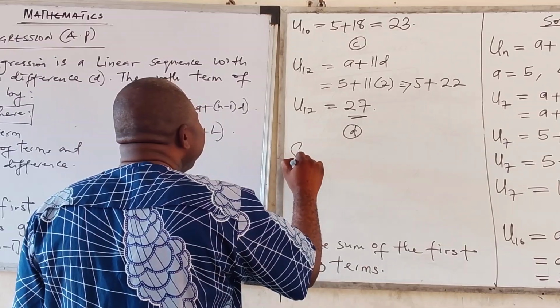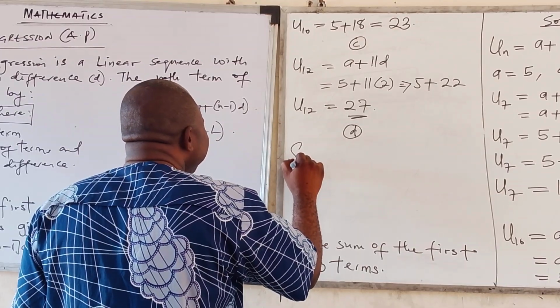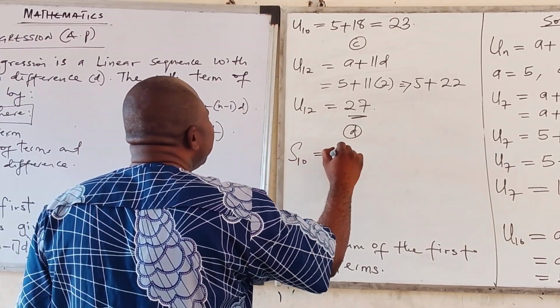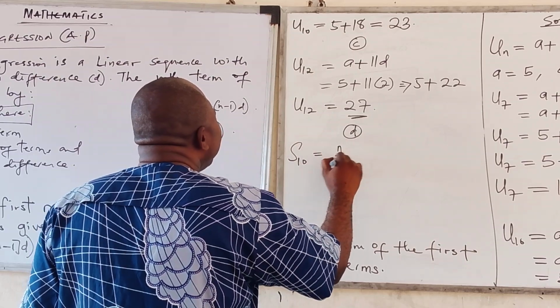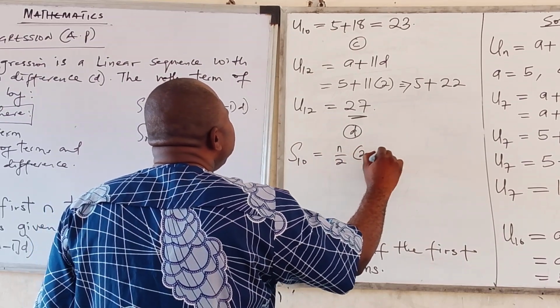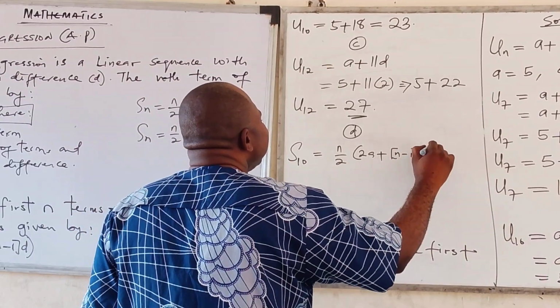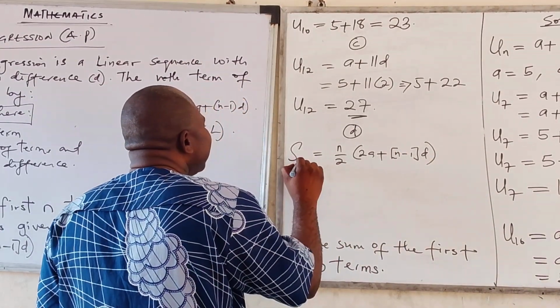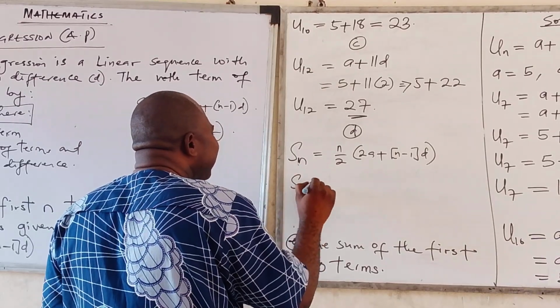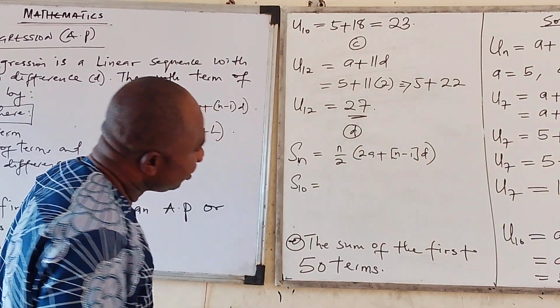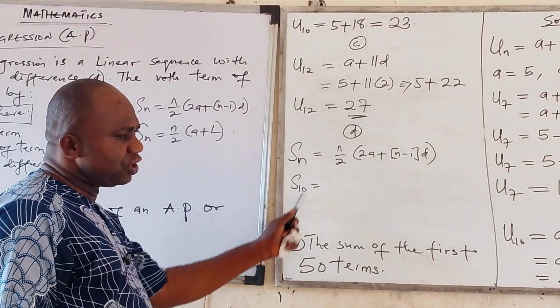The sum of the first 10 terms will be n over 2 times 2a plus n minus 1 times d. Let's call this Sn. Now S10, the sum of the first 10 terms, so n is 10.